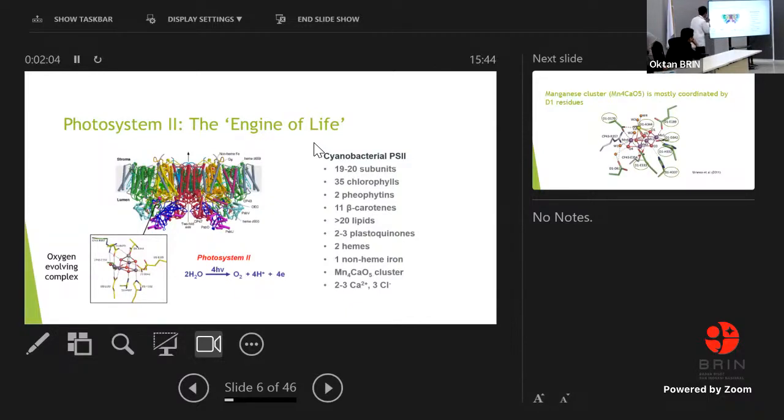Okay, next slide, please. And so why D1? Because this is the structure of photosystem 2, which has been studied over decades.